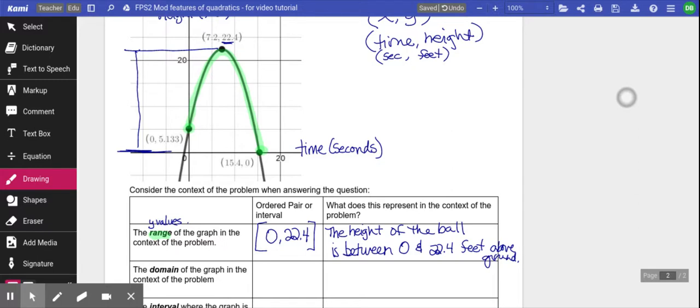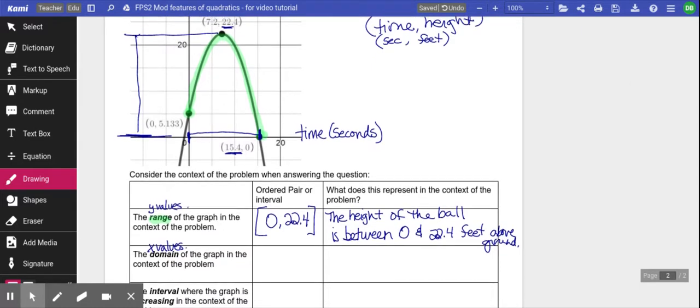Okay, now the domain is the possible x values. So again, thinking about the context of the problem, the domain is going to start at 0, since x values are time, at 0 seconds, all the way to the point where that ball hits the ground. And in that case, that's going to be right at that x-intercept with an x value of 15.4. So my domain is going to start at 0 seconds and end at 15.4 seconds.